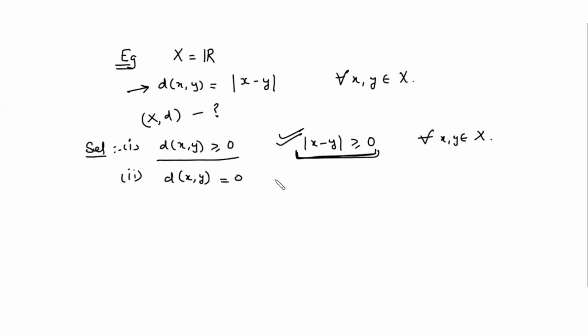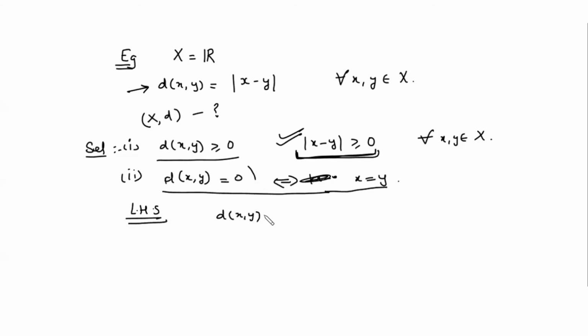This will be 0 if and only if x is equal to y. Check this one. Now again you consider the left hand side. Given that d of x y is 0, you want to show that x is the same as y. So what is given to you is d of x comma y is 0.